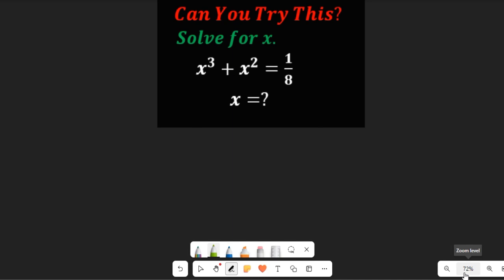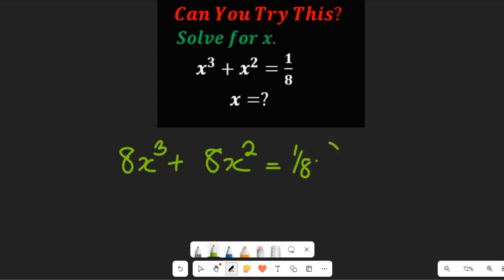So I'm going to have 8x to the power of 3, plus 8x to the power of 2, and this will be equal to 1 divided by 8 multiplied by 8. The 8 will clear the 8, and that will give me 1.